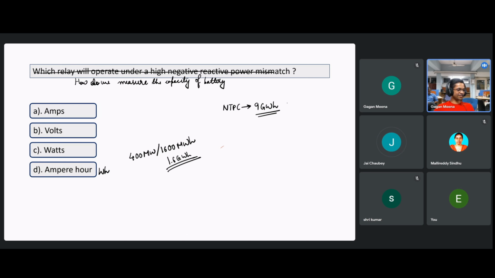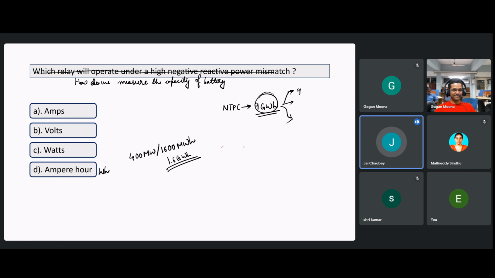They have also made it flexible so that several entities can come up and fill this 9 gigawatt hour storage capacity. They need not be a single entity. Several entities together can apply for this. This is the aggregate requirement.